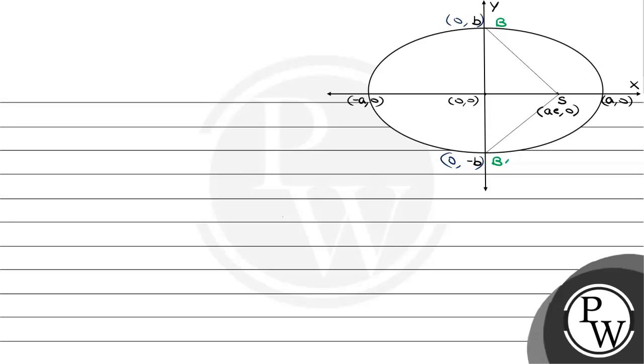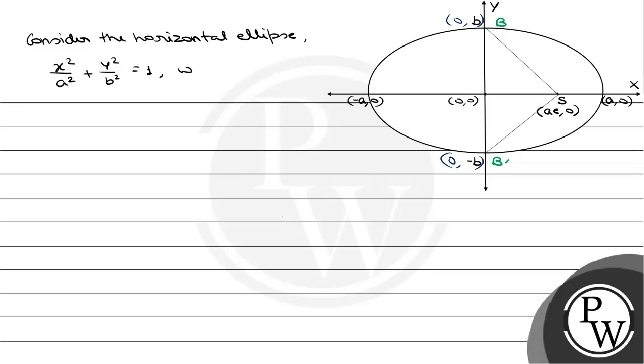Now by joining S, B and B dash, we will get one triangle. So let us consider the horizontal ellipse whose equation is x square upon a square plus y square upon b square equals 1, where a square is greater than b square.